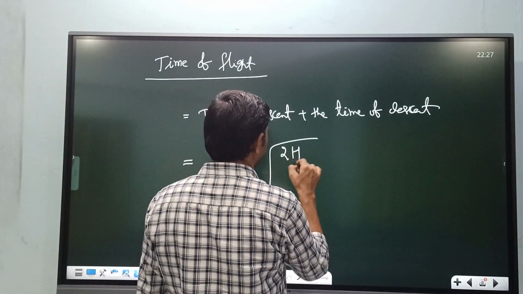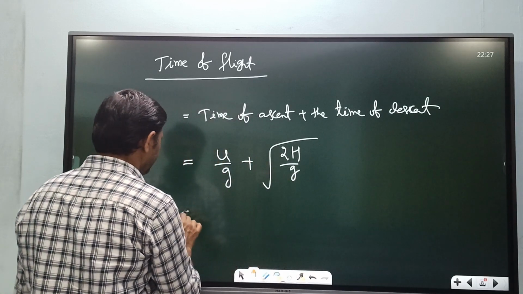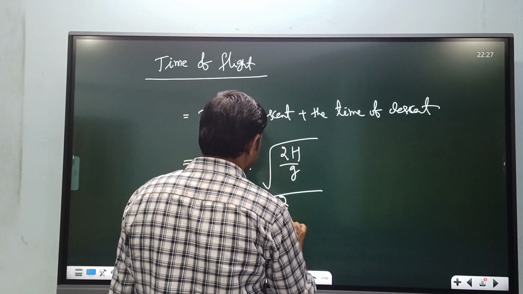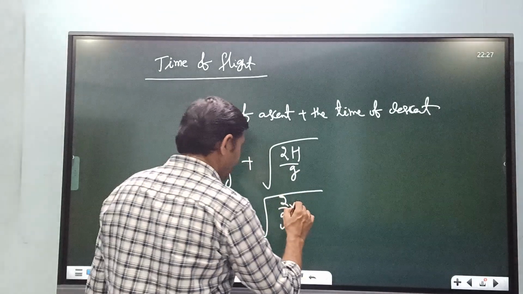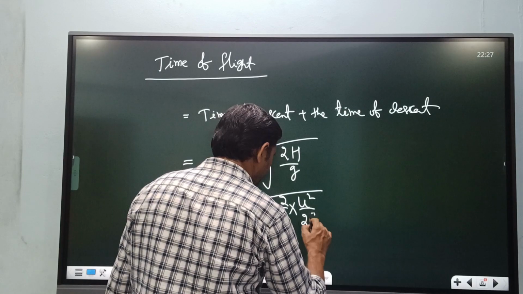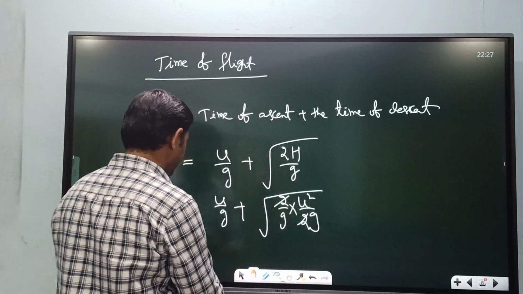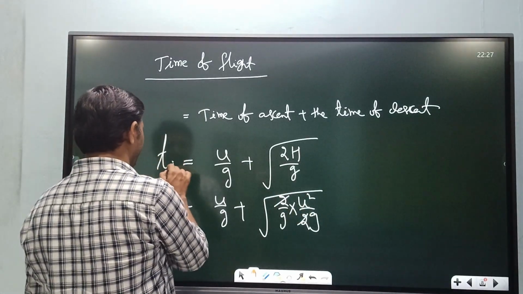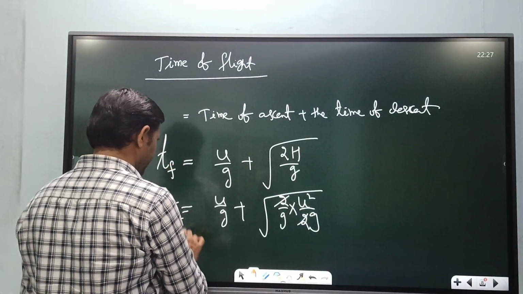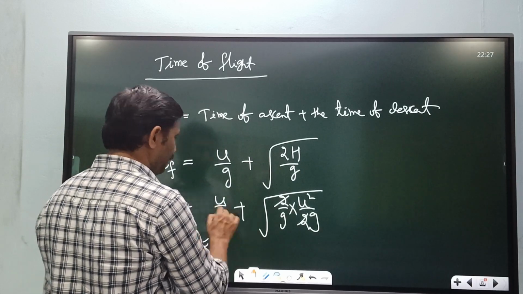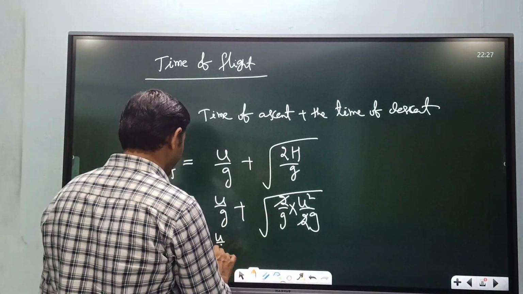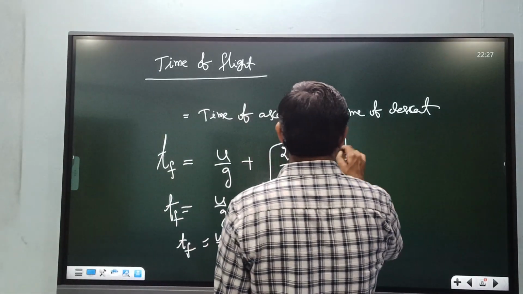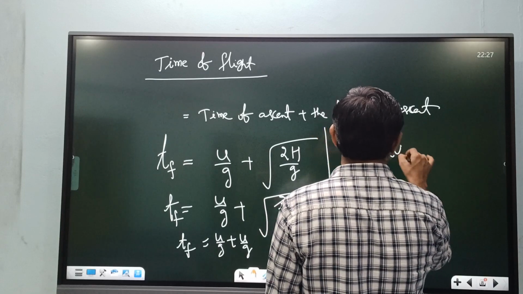The time of descent is root of 2h by g. So u by g plus root of 2h by g, where h is the maximum height, replaced by u square by 2g. The 2 cancels, so this is root of u square by g square, which is u by g. So time of flight is u by g plus u by g, and the total time of flight is equal to 2u by g.